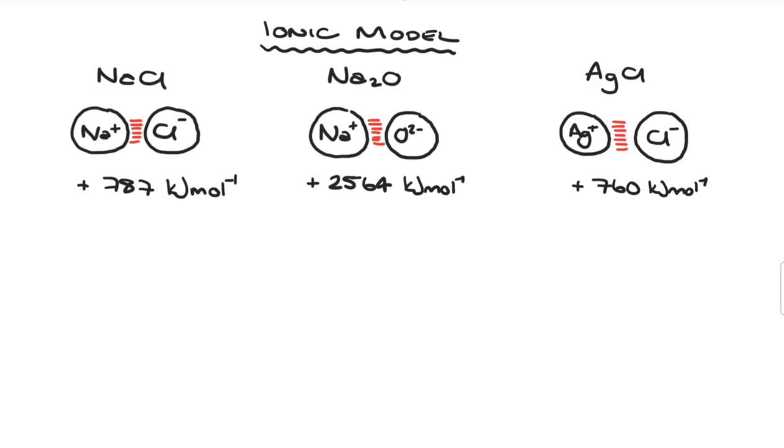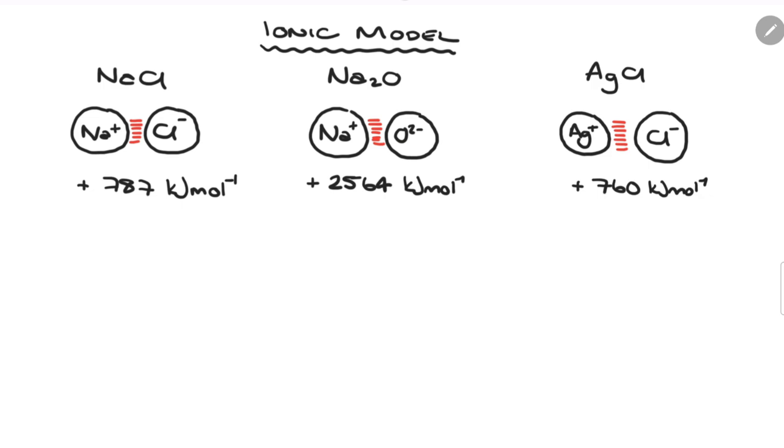For sodium chloride, you may expect to see values fairly similar to the 787 we've got here. Likewise, for sodium oxide, we would see values of typically 2,500. We're not going to see much discrepancy.